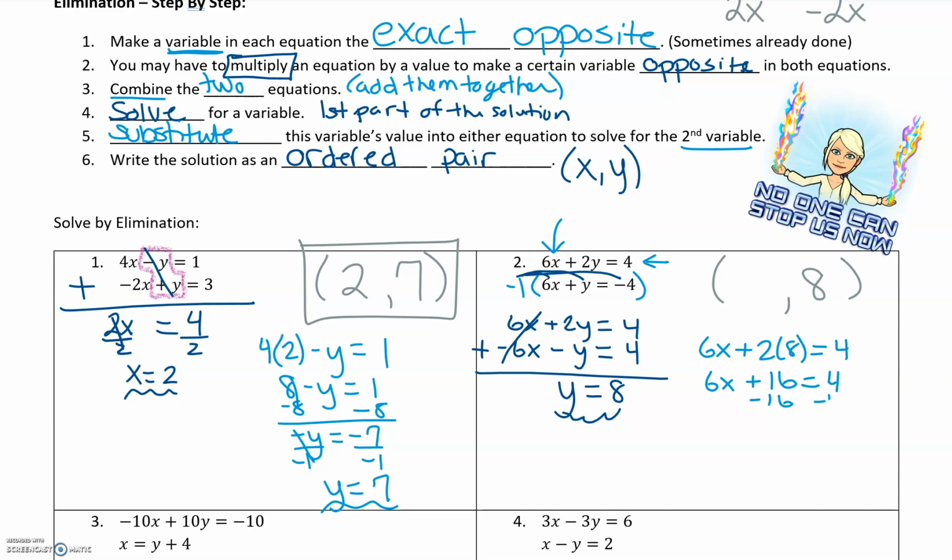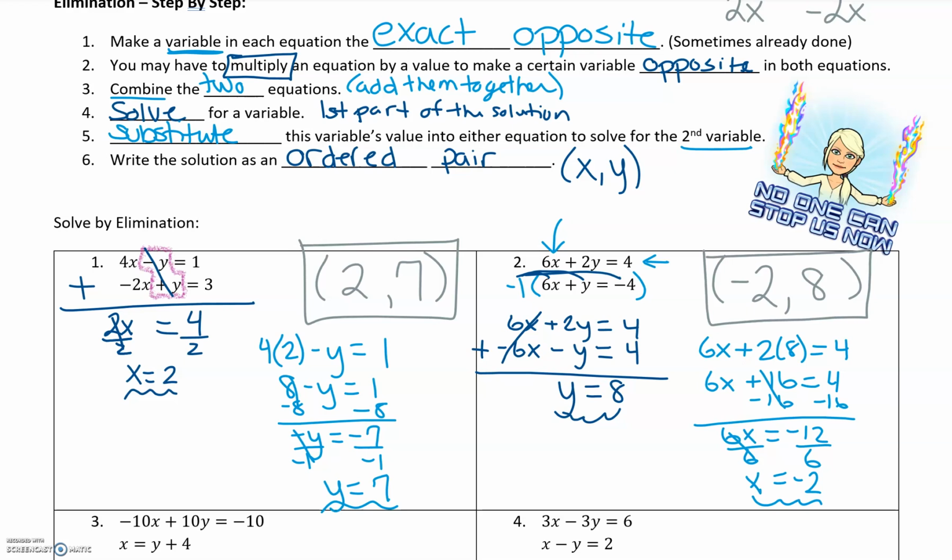All we're doing here is solving for x, so subtracting 16 on both sides. 6x equals negative 12. And then divide by 6, and x is going to be negative 2. So that is the x of the ordered pair, negative 2. So the solution is negative 2, 8.